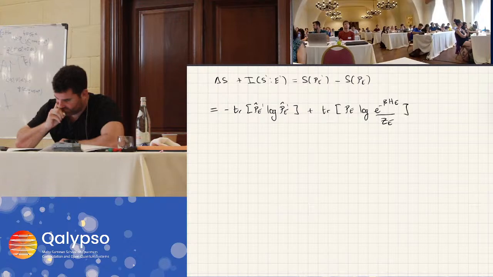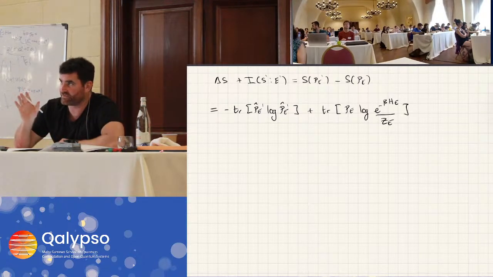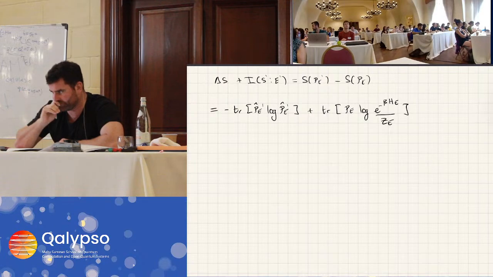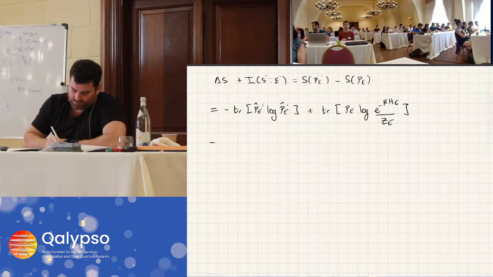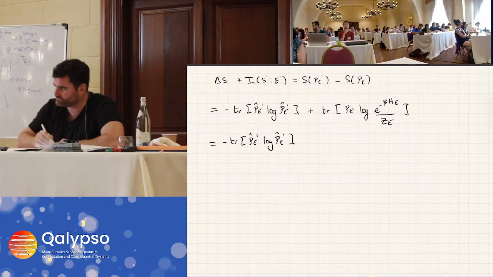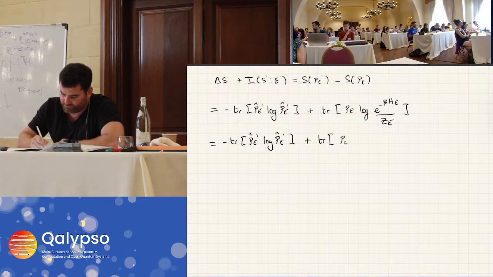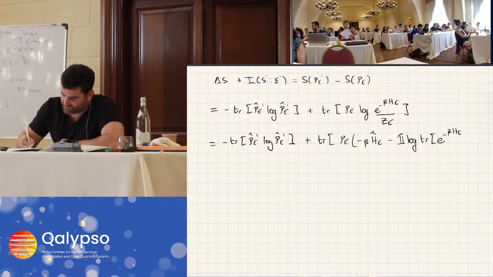I've just written down explicitly the form of the von Neumann entropy for rho E prime and rho E. So this is equal to plus the trace of rho E, okay, minus beta HE minus identity log of the trace of e to the minus beta HE, okay, just a rewriting.